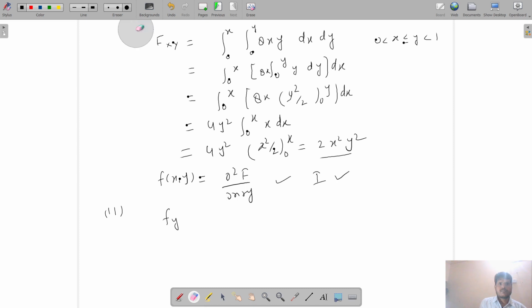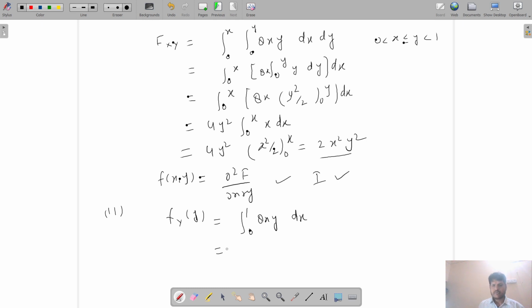So you can write capital F of y equal to the integration dx of the probability density function, that is f of x y. We have to put the limit of x, that is 0 to 1.